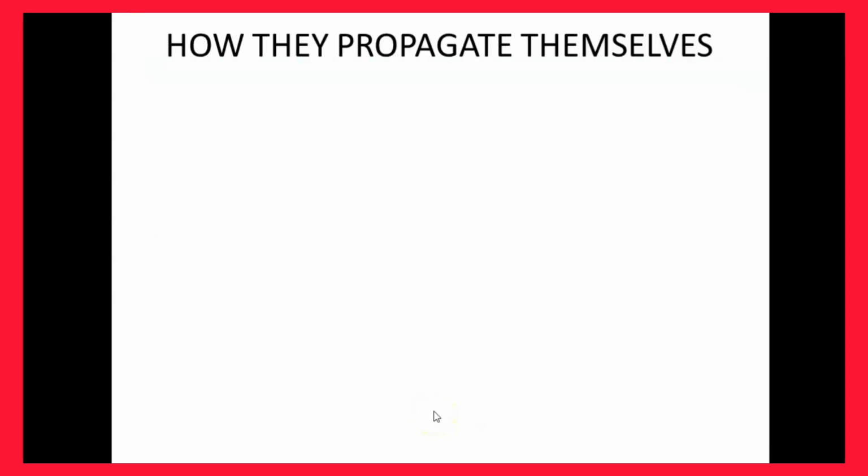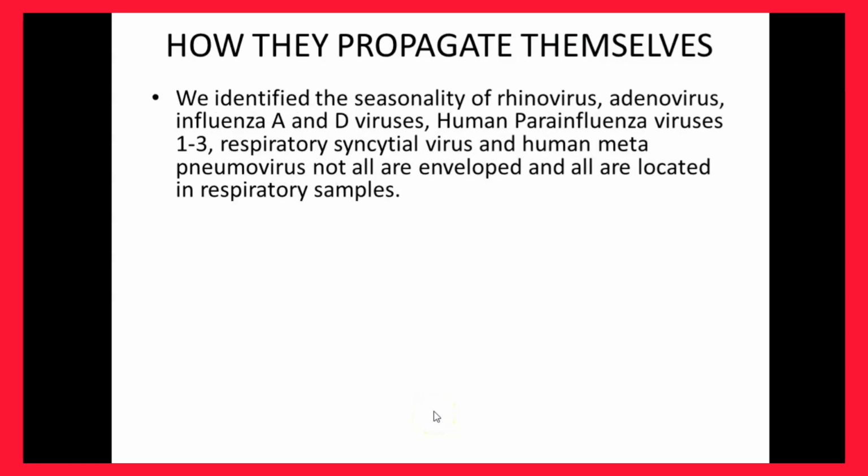How they propagate themselves. We identify the seasonality of rhinovirus because if you look at the time they really come out, what really makes them come out, then you can understand how they propagate themselves.